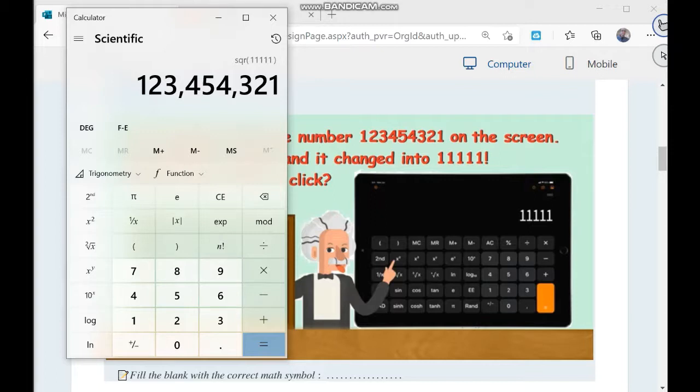That's interesting. Now to go back to a bunch of ones, we will press the square root. The square root is the button that will turn this interesting sequence into a bunch of ones. That's the right answer.